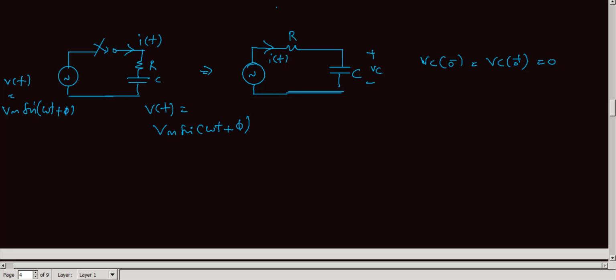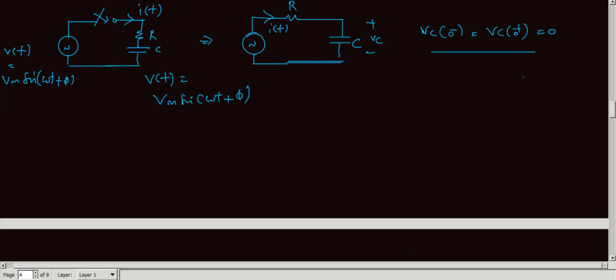Let's check whether the AC transient-free condition is possible or not. I am applying this basic condition to check whether the AC transient-free condition is possible for this circuit.